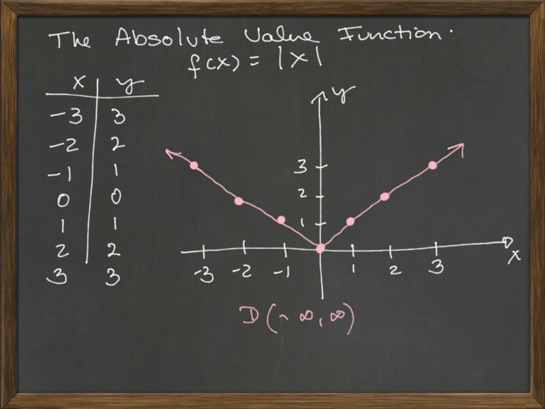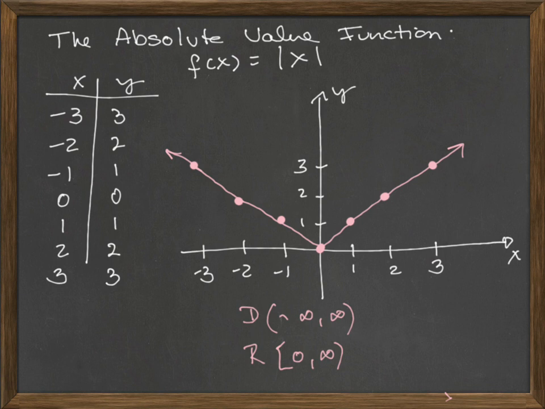What's the range? What is the range? Say it loud, David, say it loud. 0 to infinity. I heard it. 0 is included to infinity. That's an absolute value function.